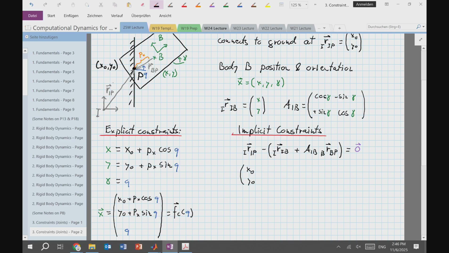So this would be x0 and y0 minus x and y, the position of the joint, the position of the body.